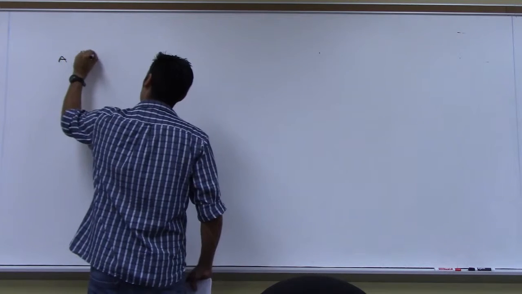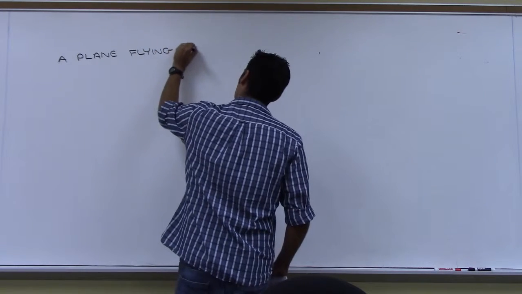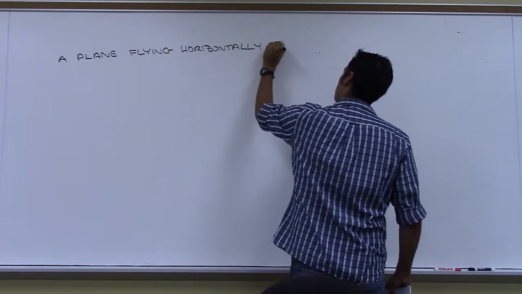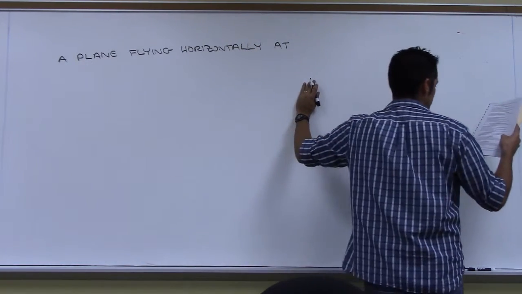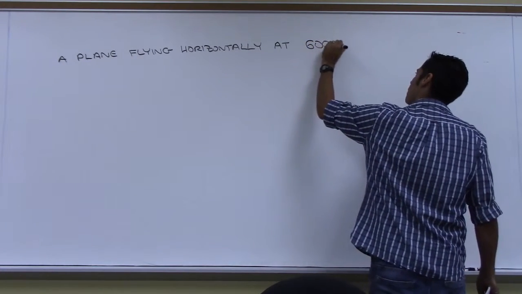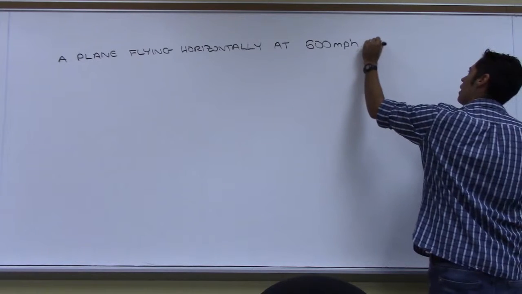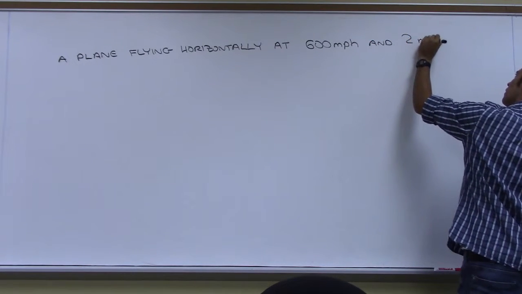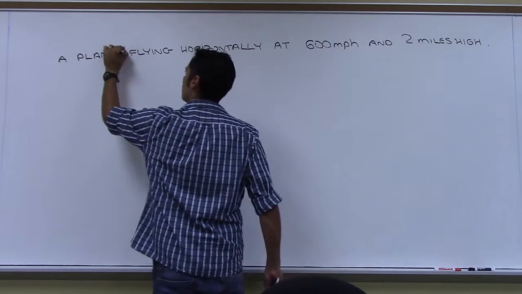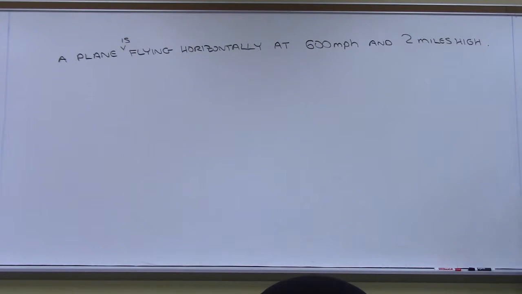A plane flying horizontally at 600 miles per hour and 2 miles high. A plane is flying horizontally at 600 miles per hour and is 2 miles high.